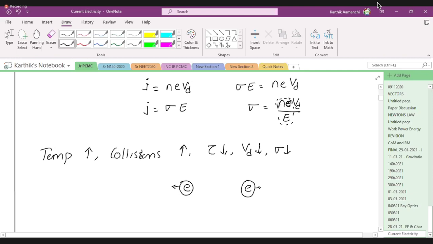So let me say, right now you give some thermal agitation, the temperature is increased. Let me say this electron is going in the i direction, and this electron is going in the minus i direction. Now these two electrons come together, undergo an elastic collision, and obviously change direction, right?